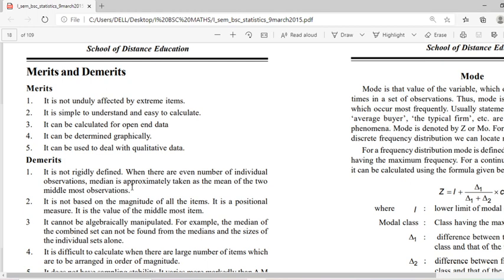It can be calculated for open end data. It can be determined graphically. It can be used to deal with qualitative data.